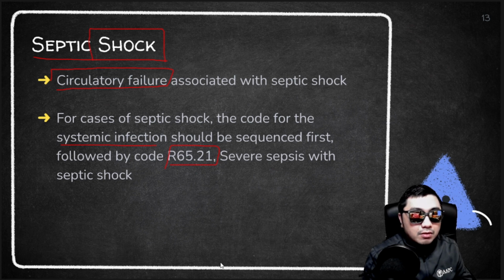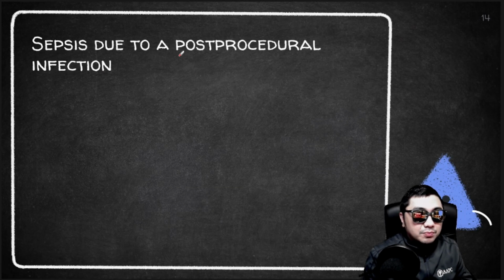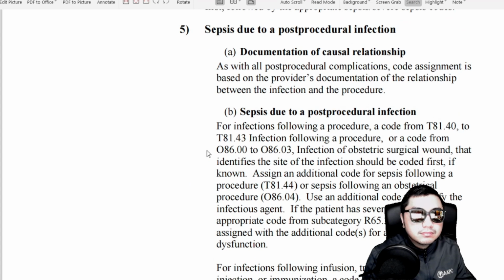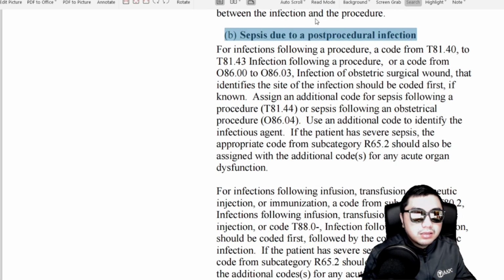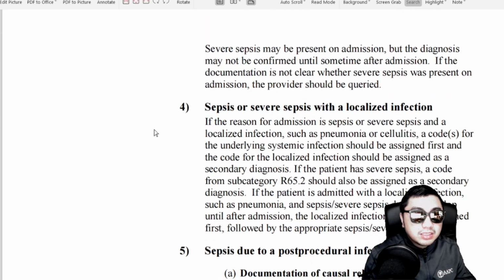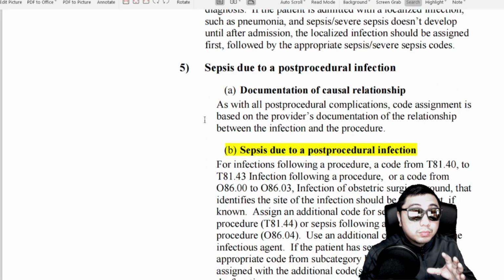Okay, all right. We also have guidelines for post-procedural infection, which is located right here. Okay, so it's under number 5, guidelines of your sepsis. So please double check the code sets from this portion.